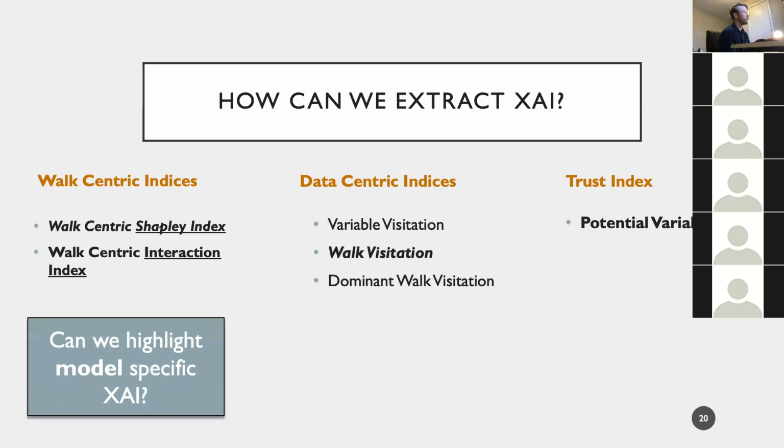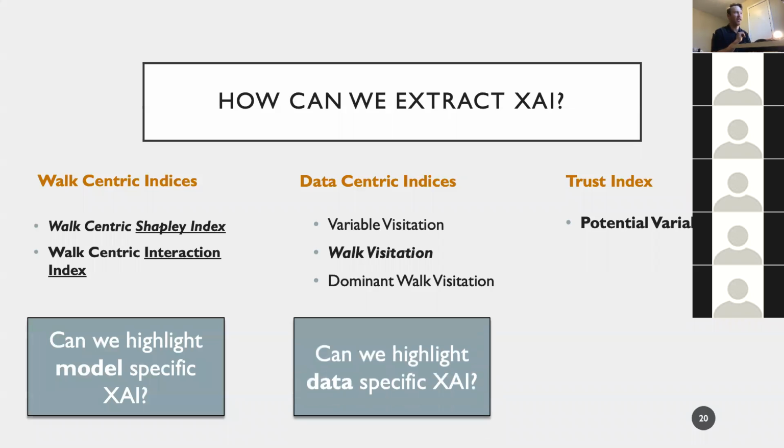The first set says, can we highlight model specific XAI? That's going to be, once we've learned the parameters and the bubbles and the lattice, what does that tell us? And then, can we highlight data specific XAI? Just looking at the data, we know that the data has to be sorted, which tells us which parameters are touched. And if we know which parameters are touched or supported by the data, then we can learn something about how well our model is set up.